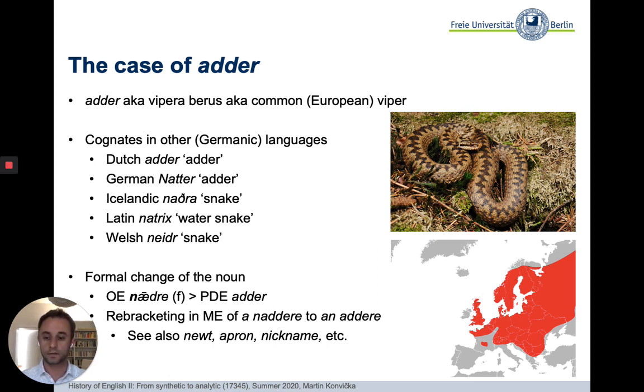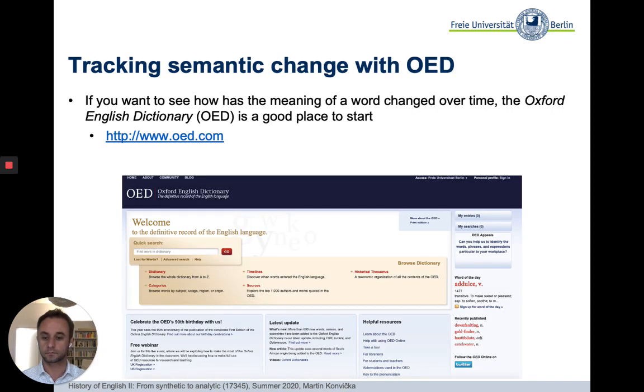The other way around, this process happened for the words newt and nickname, which originally didn't have the N in the beginning. Right. But now let's have a look at the semantic changes of this word.